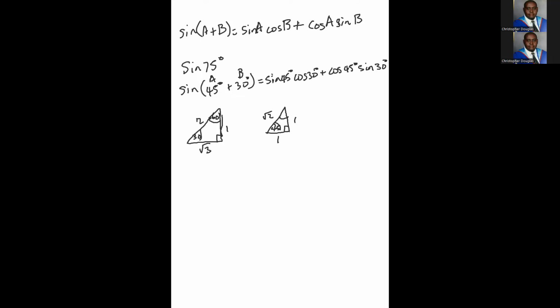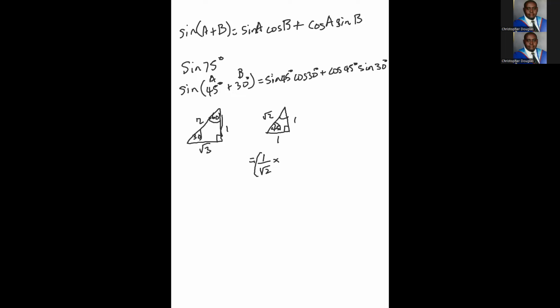So here we go. Sine 45 is opposite over hypotenuse, so I'll get 1 over root 2. I'm working on the first part first: 1 over root 2 multiplied by cos 30.